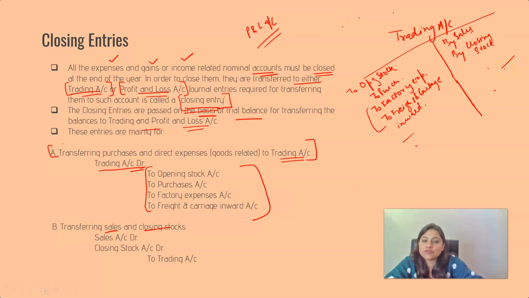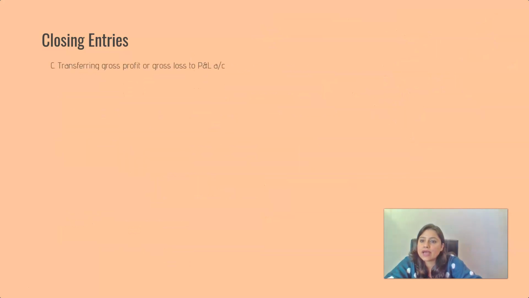So moving on with the further entries, we recorded the purchases, we recorded the sales and closing stock on the credit side, then coming to the ascertainment of gross profit or gross loss, and how we will be treating them in the P&L account.